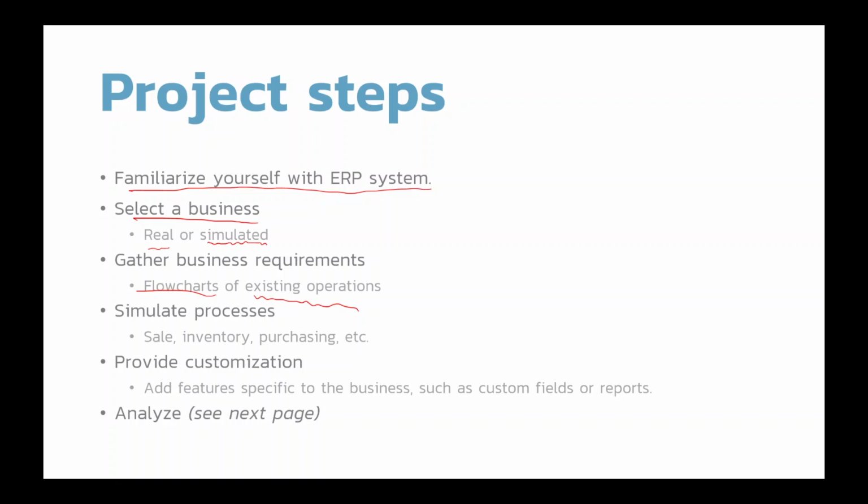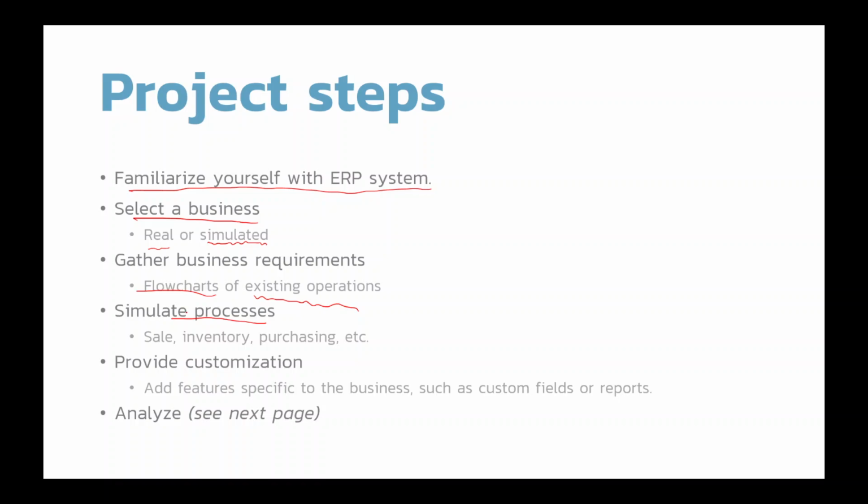Okay, so in your project, you probably won't be able to capture all the processes, but you just pick the ones that are quite substantial enough in terms of complexity, okay? And once you do the business requirement, you can start to simulate the process in the software itself.